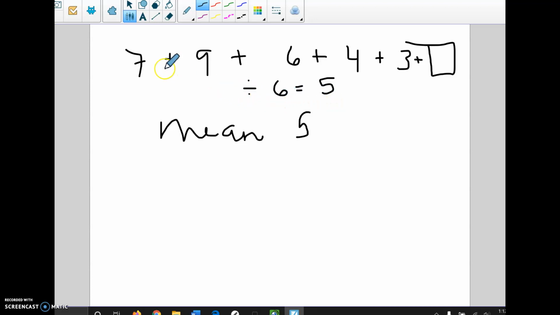First I added, and then I divided. So I want to do that backwards and multiply by 6, and then subtract these numbers. So instead of dividing by 6, I'm going to multiply by 6. So that would be 30.